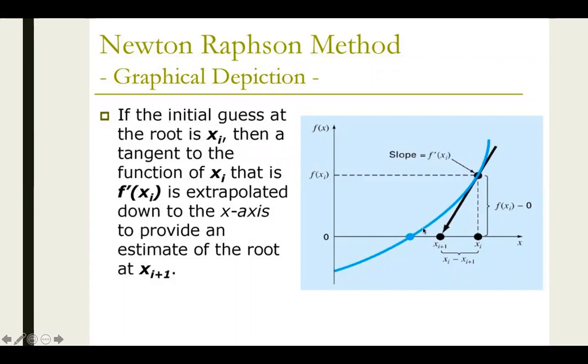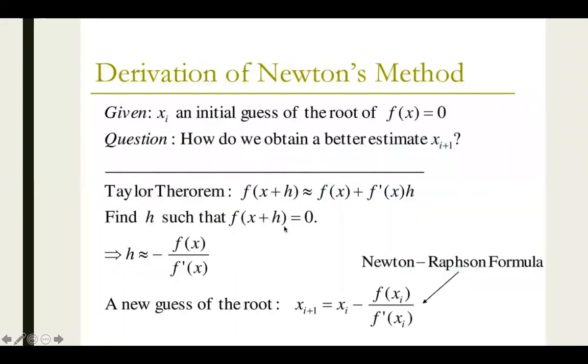Then again we do the same procedure until we reach the root value. What is the root? This point, right? At this point we have function value 0. Wherever the function value is 0, that is the root of the equation. So that is the procedure. It will be more clear in the next slides.